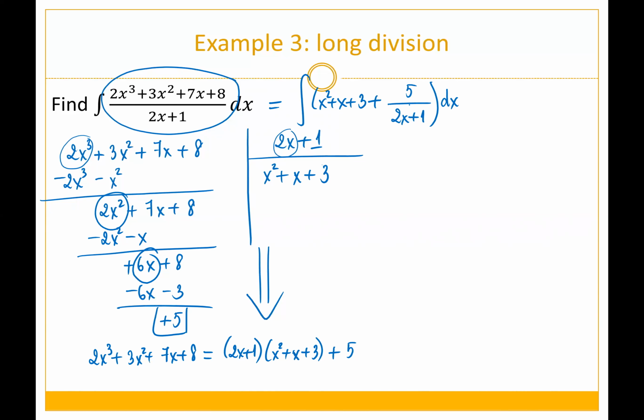After that, you can now have everything divided by 2x plus 1. This is divided by 2x plus 1. So that is how we end up with this answer here. Is it clear how we end up here?